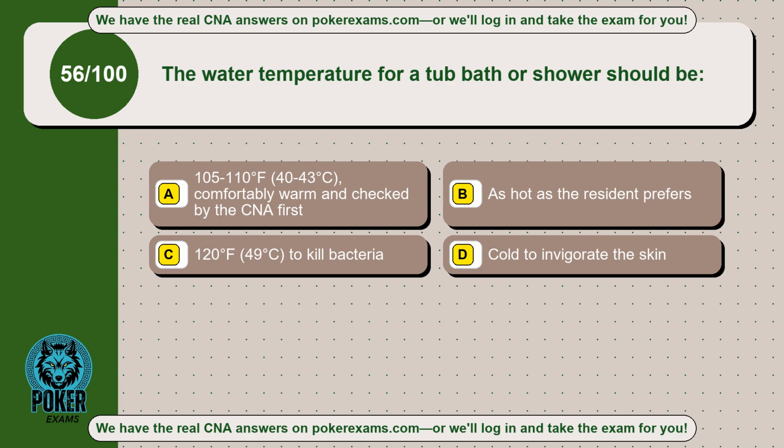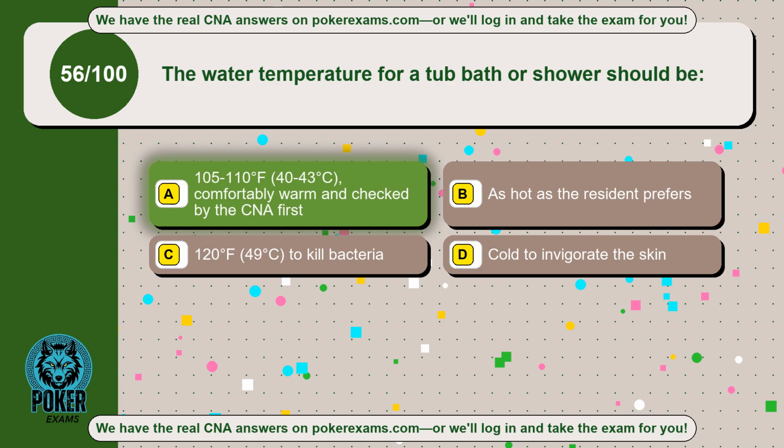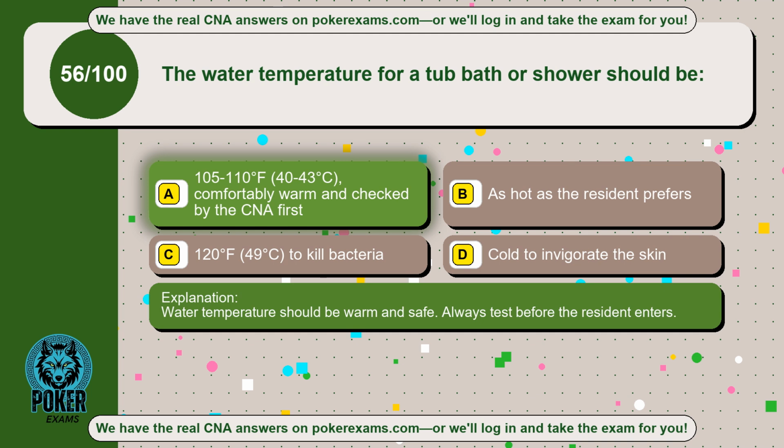Option D, cold to invigorate the skin. The correct answer is option A. 105 to 110 degrees Fahrenheit, 40 to 43 degrees Celsius, comfortably warm and checked by the CNA first. Water temperature should be warm and safe. Always test before the resident enters.